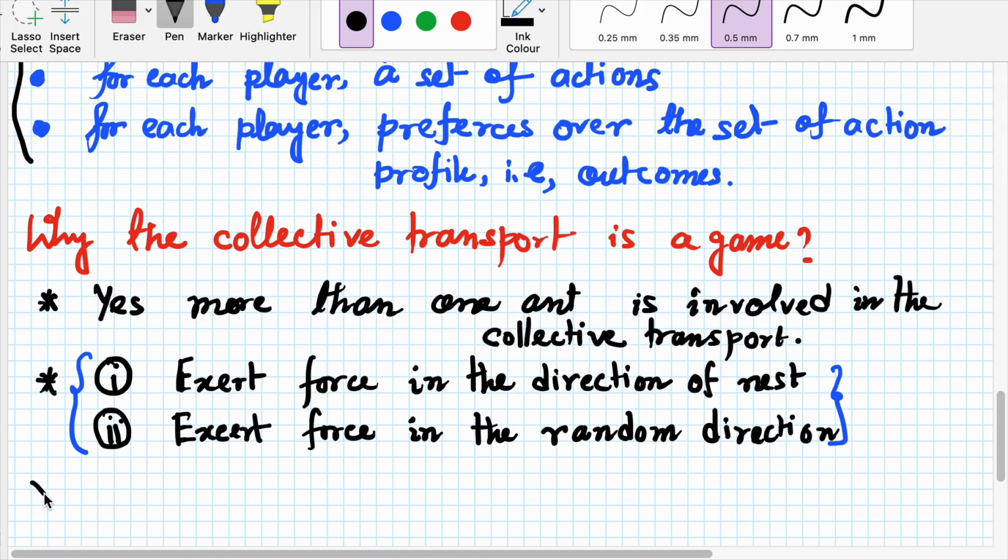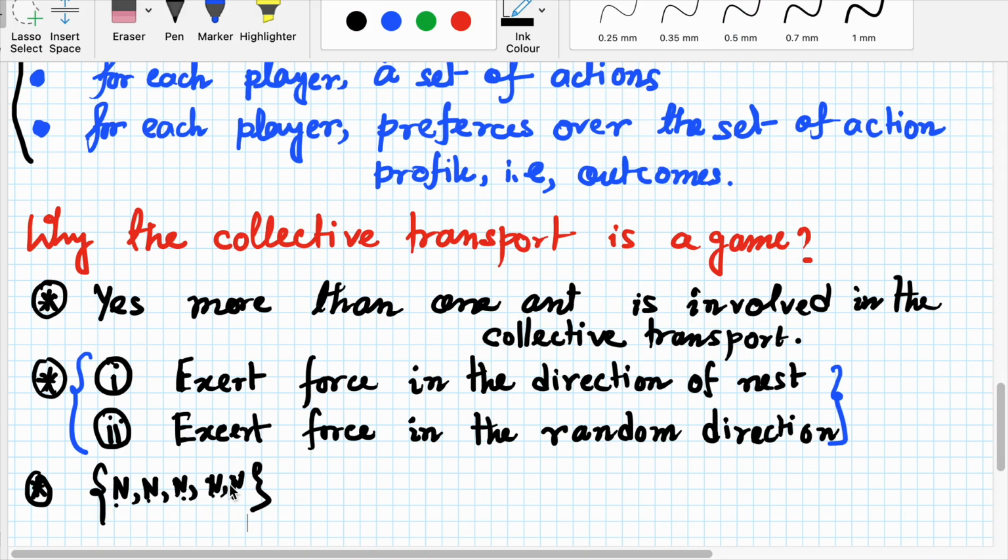is there a preference over the outcomes or each action profile? Yes, obviously. Suppose everyone is exerting force towards their nest, say 1, 2, 3, 4, 5 ants are there, and all 5 are exerting force toward their nest, then the large food item will quickly reach the nest.